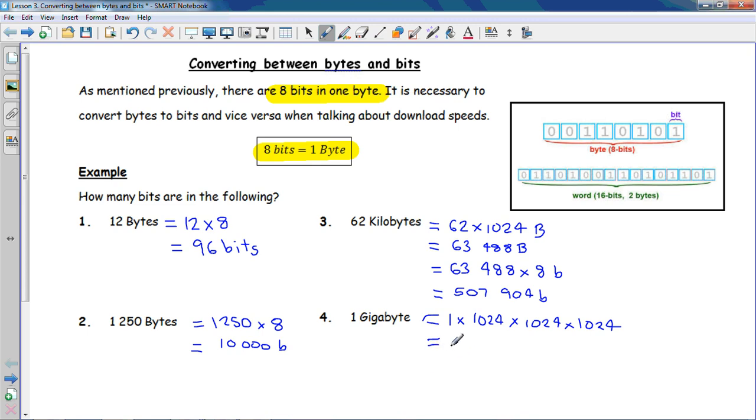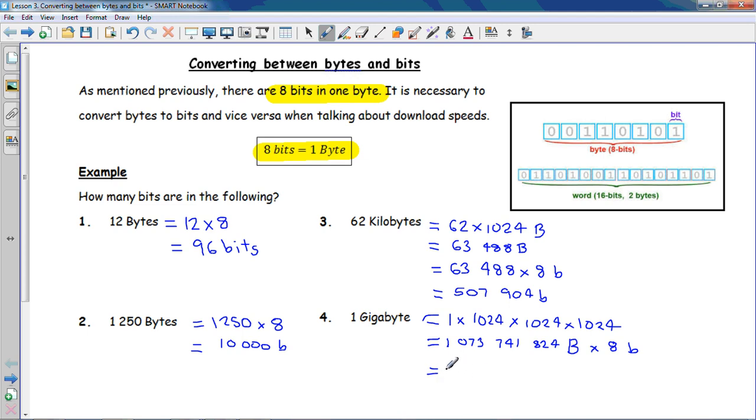So these are very big numbers. We're going to be talking about 1 billion. So just be careful when you're writing these down that you're writing down all the correct numbers. It's very easy to make a mistake. 1,073,741,824 bytes, capital B. Then I'm going to multiply that by 8 to get us to little bits, little b.